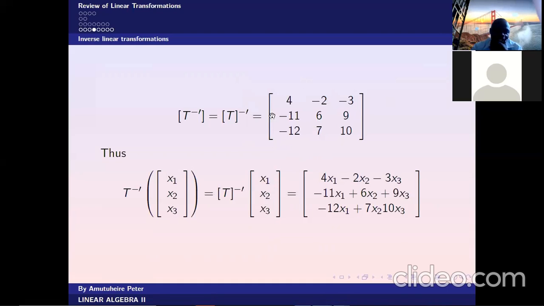We can put this matrix times this. So you see, this is 4x1 minus 2x2 minus 3x3, which is that, minus 11x1 plus 6. So we get this matrix of the inverse transformation and we multiply it here.